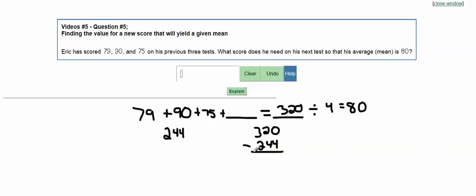When we subtract 320 minus 244, when we borrow, we end up with 76. So that means he would need to get a 76 on his fourth test in order to have an average or a mean of 80. And that is how you solve finding the value for a new score that will yield a given mean.